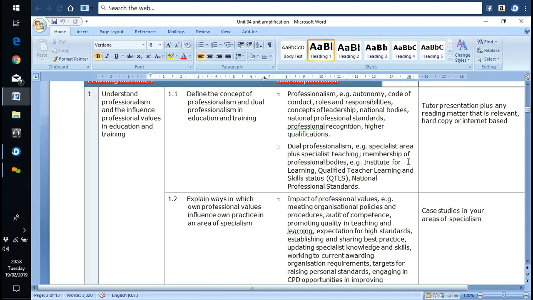Institute for Learning is mentioned on there, which I've not been involved with for some time now. Did it morph into something else? I think it did. The IFL was originally brought out, and it was not very well received by teachers. It was a bit draconian the way it was written: if you don't do this, that'll happen.